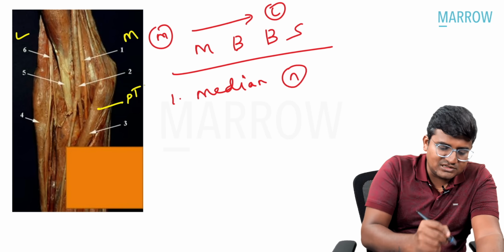So now the question: the patient underwent laparoscopic hernial repair. In laparoscopic hernial repair, the most commonly affected nerves are the lateral cutaneous nerve of thigh and the genitofemoral nerve. These are the two nerves affected.